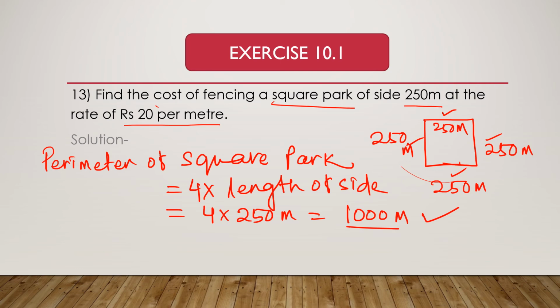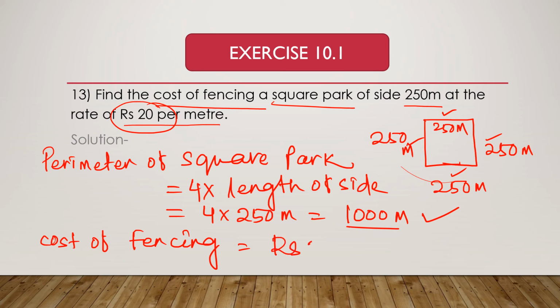Now we have to find the cost of fencing the square park of side 250 meter at the rate of 20 rupees per meter. So the cost of fencing will be 20 rupees per meter multiplied with 1000 meter.